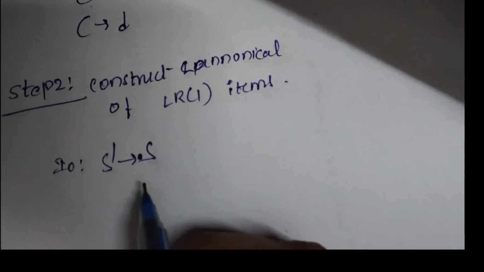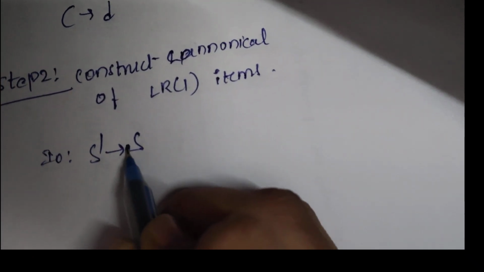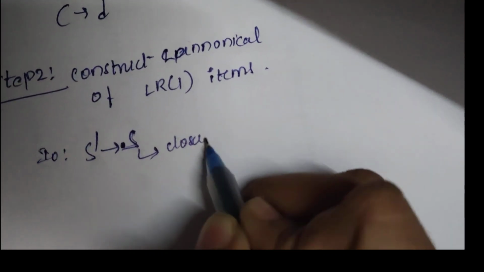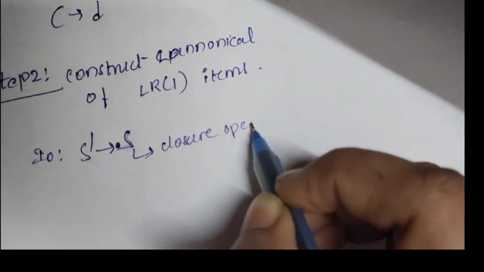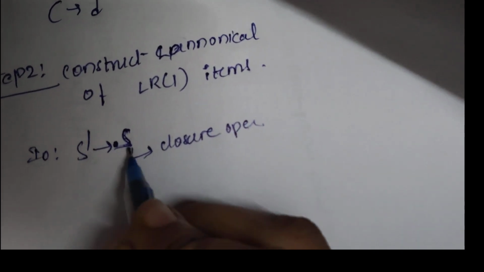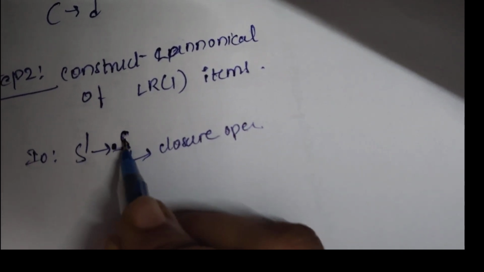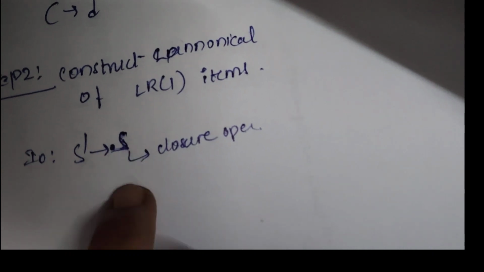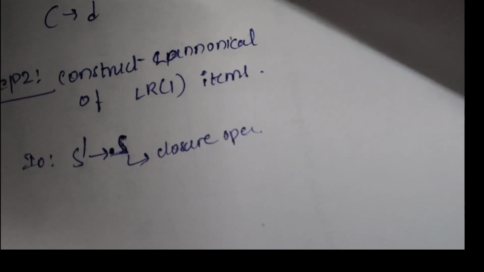The dot is followed by a non-terminal, so we perform the closure operation. Closure means that for the non-terminal, we write all its productions. The dot is followed by capital S, so we write the S productions with the dot before it.